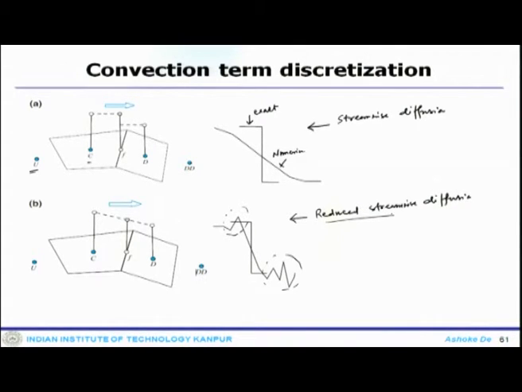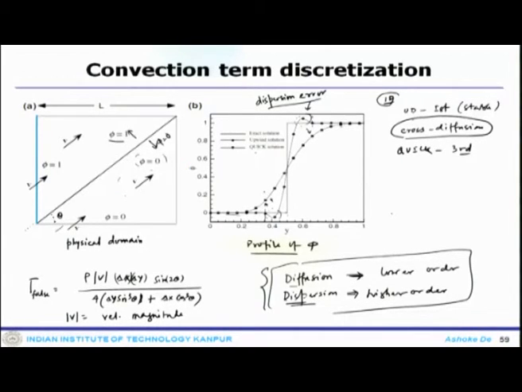Now, the cross stream numerical diffusion arises in the term we discussed in this kind of problem where the velocity gradient is aligned at an angle theta.